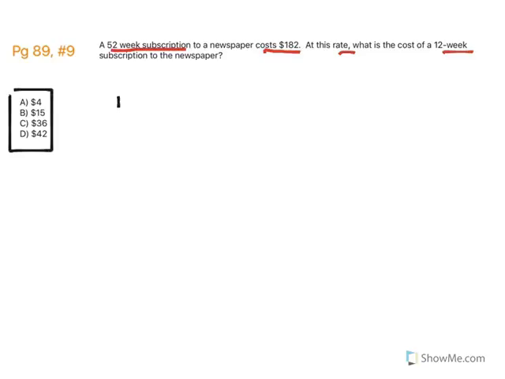Okay, so the rate is 52 weeks for $182, right? The question tells us this. It's a 52-week subscription. It costs $182. What is this rate? So this rate remains the same, and we just want to know what is the cost of a 12-week subscription.